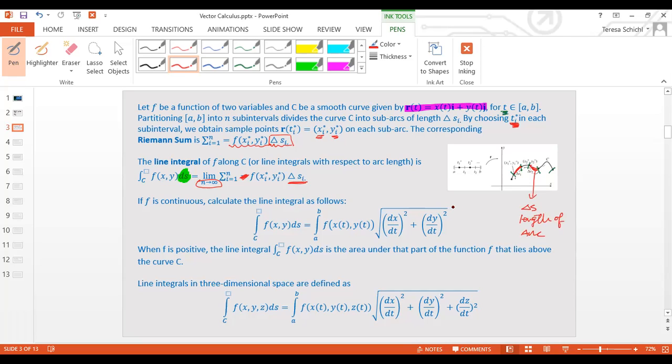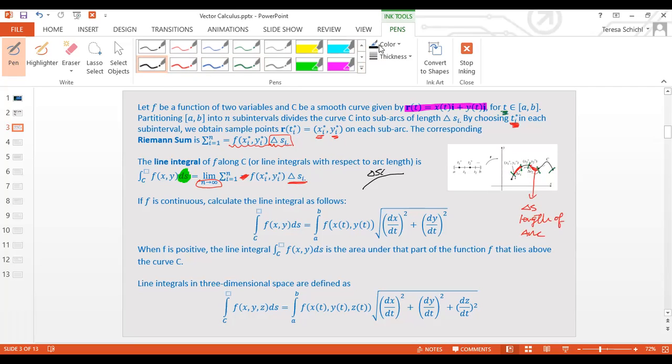And now, one way we can do that: how do I find the length of this small arc here? Let me enlarge it a little bit. So for example, this is my delta S, right? Let me enlarge one of these things here.